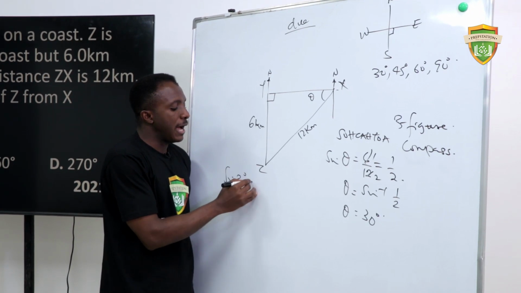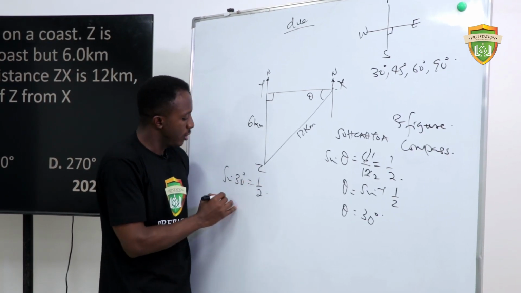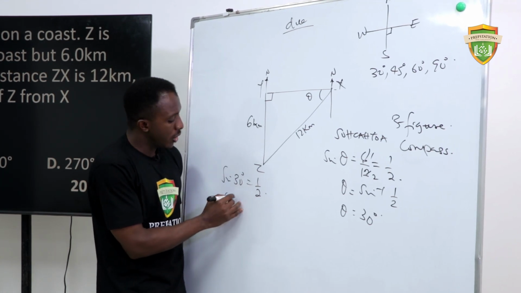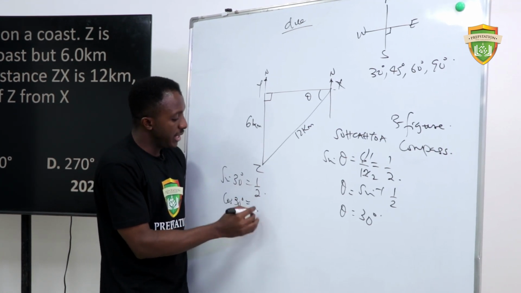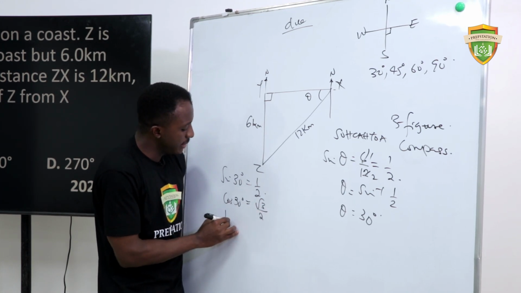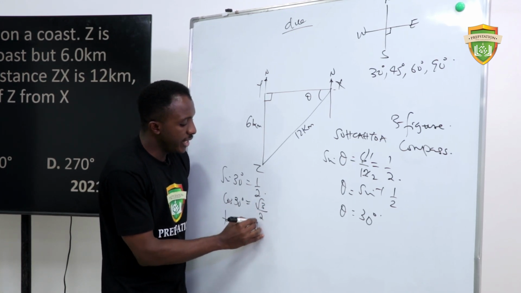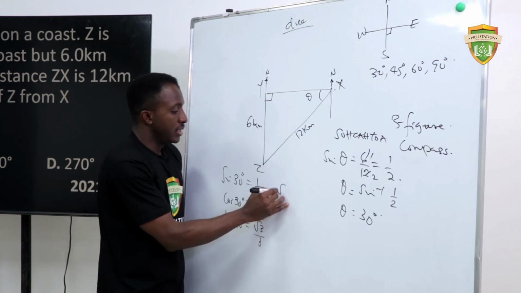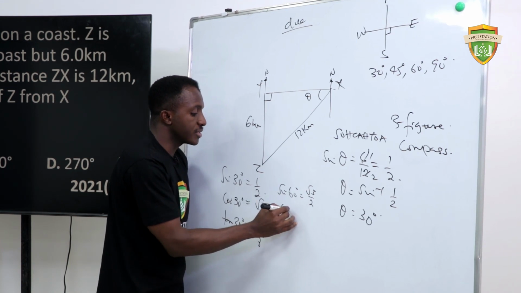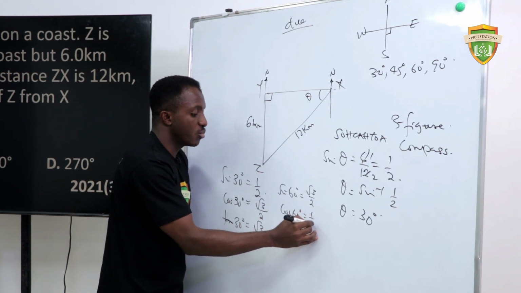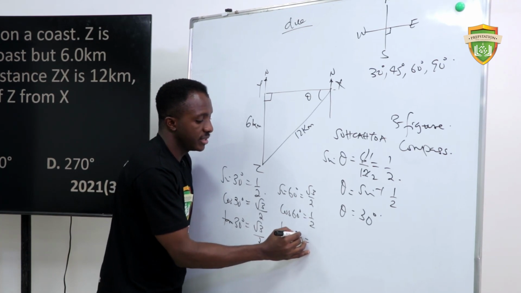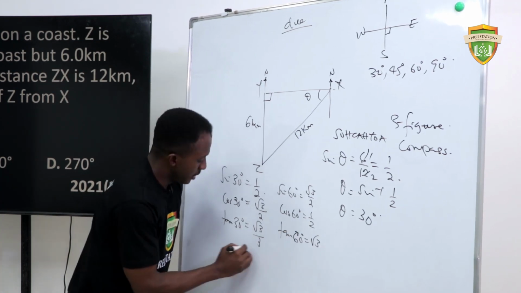Now sine theta is 1 over 2. Sine 30 is 1 over 2. Cos 30 degrees is root 3 over 2. And tan 30 degrees is root 3 over 3. Sine 60 degrees is root 3 over 2. Cos 60 degrees is 1 over 2. And tan 60 degrees is root 3.